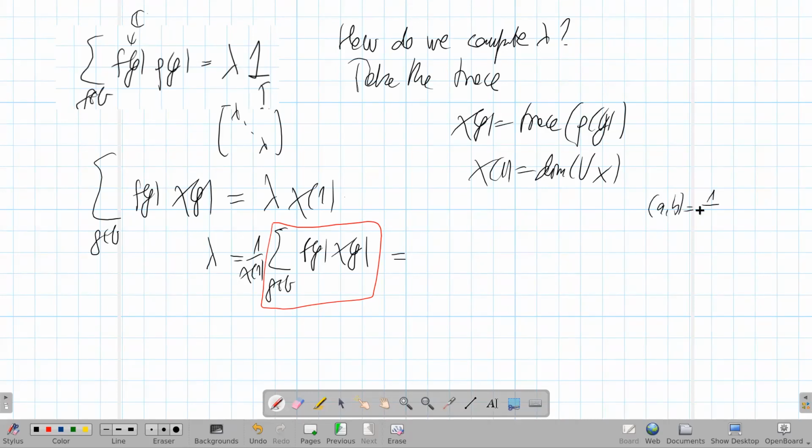Well, they don't need to be class functions. In this case, they are. It is the sum of A(G) conjugate B(G), okay? And I want to leave F(G) as it is. And of course, you can exchange the two terms, this is commutative. So there's no 1 over G here. So let's write this here, okay?